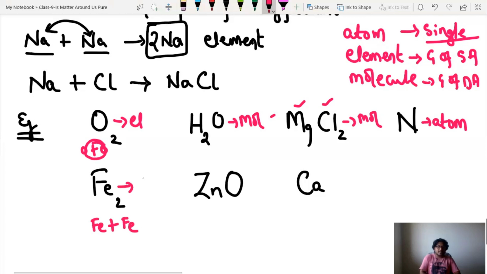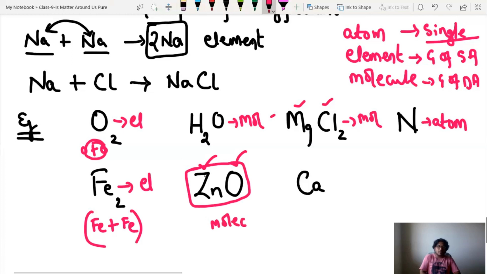You can consider this one as an element because it is group of similar atoms. ZnO. Zn, zinc is different, oxygen is different. Zinc is metal, oxygen is gas. Both are different atoms combining together, so it is a molecule. Now Ca we have. Ca stands for calcium and there is no number, nothing, so we can consider this one as an atom. Like that you need to consider, and we need to differentiate between atom, element and molecule.